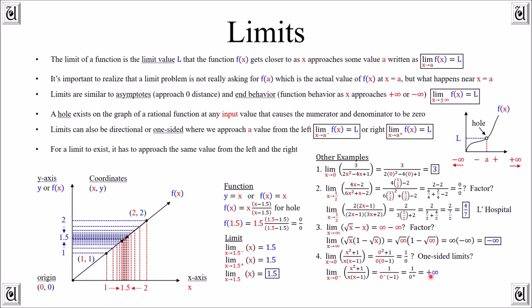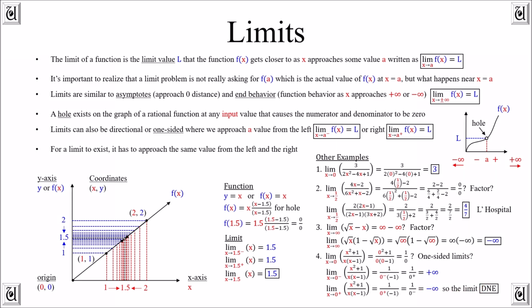So you get positive infinity coming from the left. And now coming from the right, we get the opposite result. And so we're actually approaching different things, and we have some asymptote stuff going on. And so the limit does not exist because you're not approaching the same thing from opposite directions. So we just can't really say much.